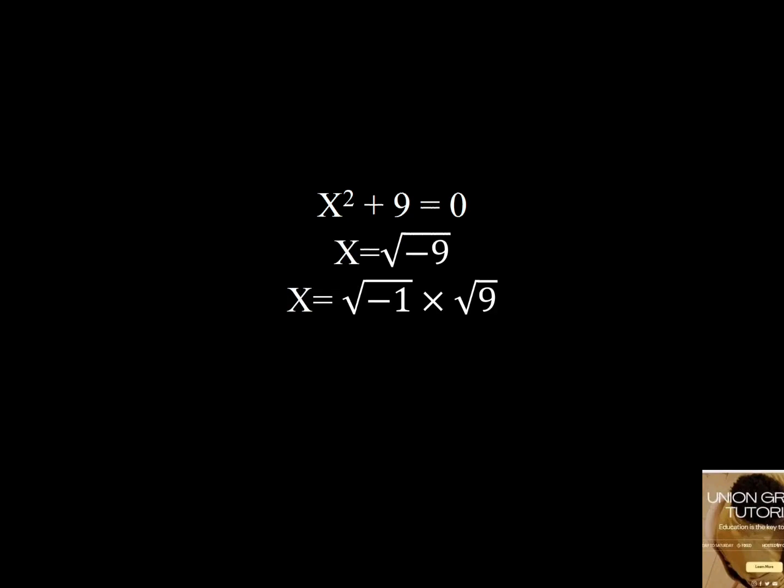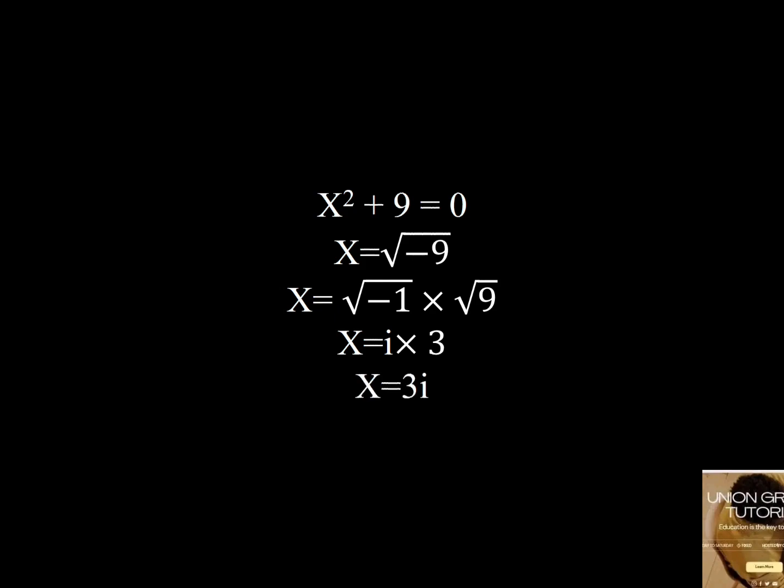Your s is equal to square root of minus 9. It can also be written as s is equal to square root of minus 1 times square root of 9. And you all know that the square root of 9 is equal to 3, and i is equal to square root of minus 1. That is, s is equal to i times 3. So s is equal to 3i in this case.